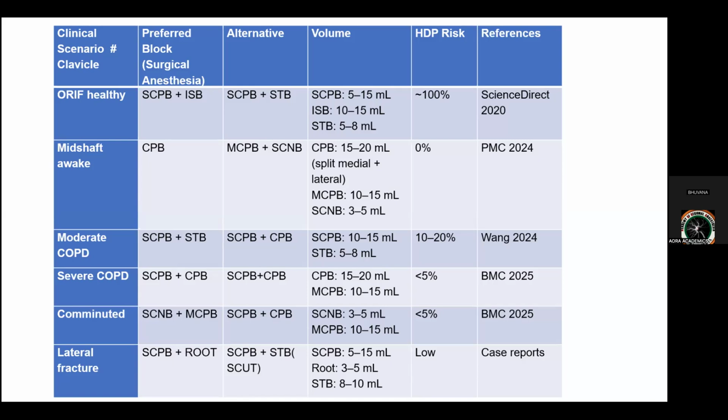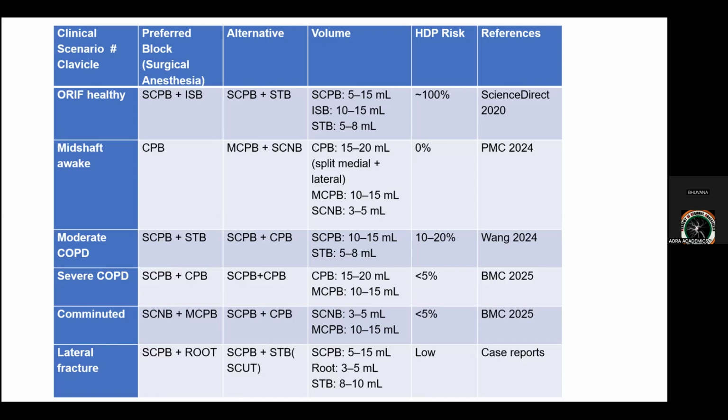If the patient is planned for awake mid shaft clavicular ORIF, then the plan of anesthesia is modified clavipectoral fascial plane block plus superficial cervical plexus or selective supraclavicular nerves. In that, the incidence of hemidiaphragmatic involvement is almost zero.